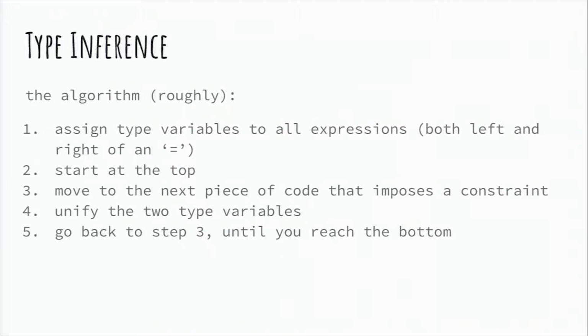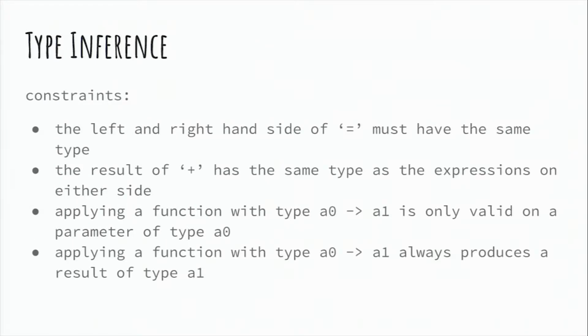Then it unifies these type variables and then it goes back to step 3 until it reaches the bottom.